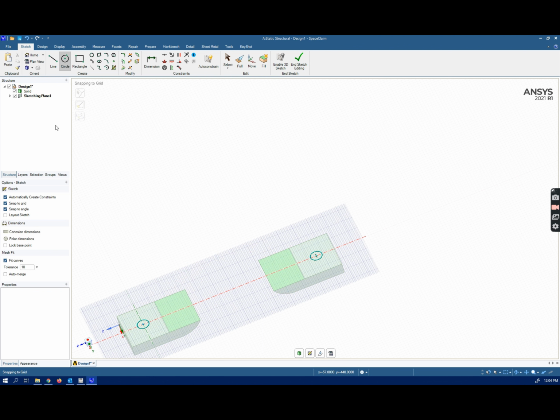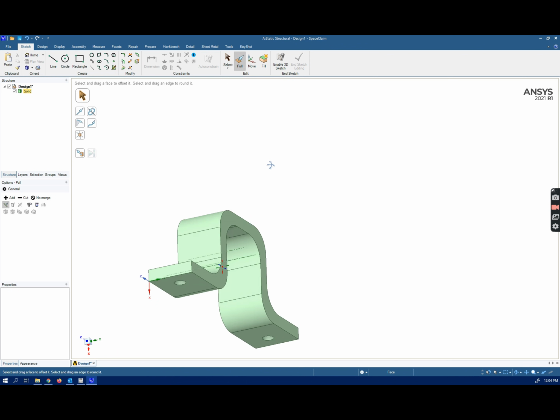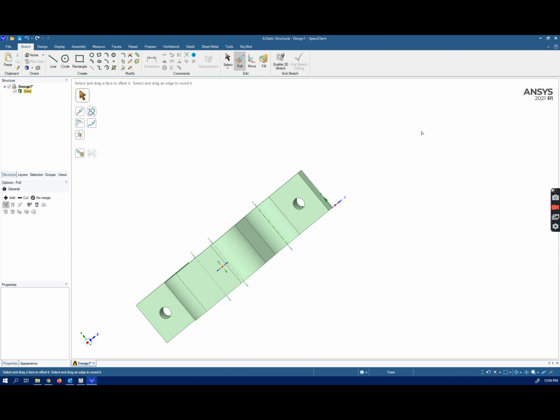Probably it's not symmetrical, but yeah. Create holes for the support. Done. This is my bracket.